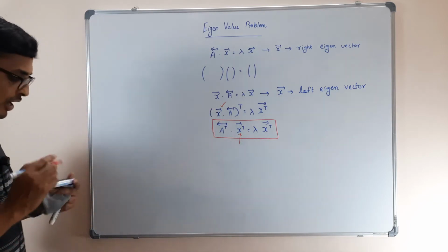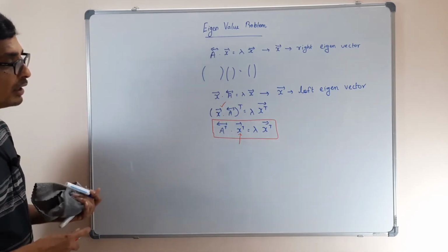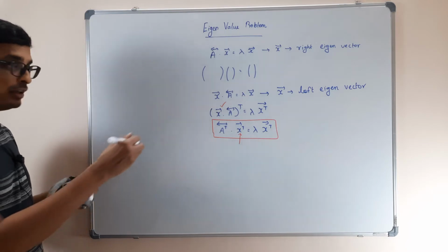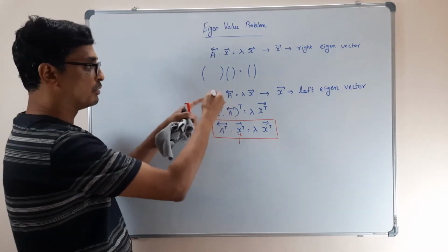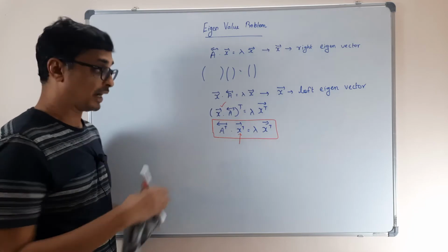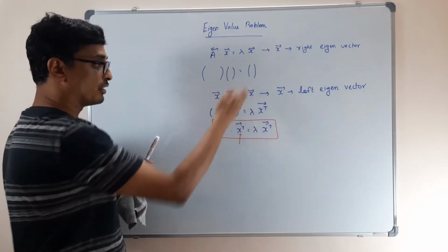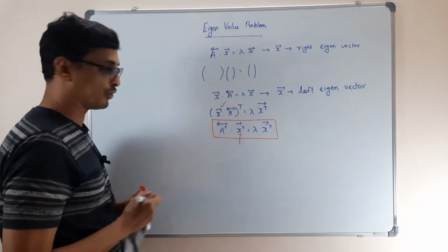This is the way your left eigenvector can be estimated from the right eigenvector algorithm.